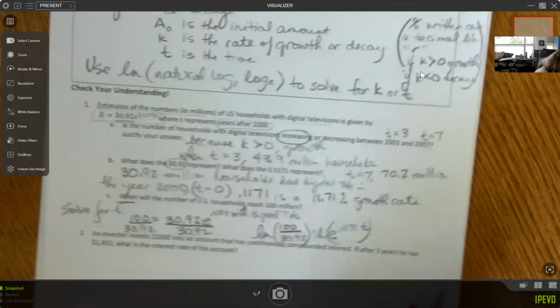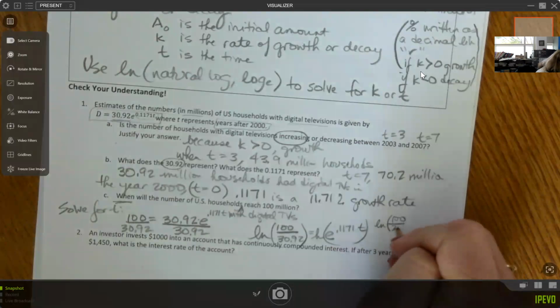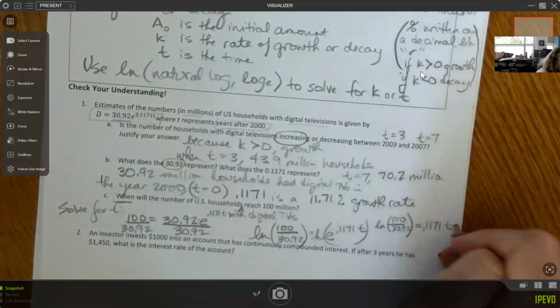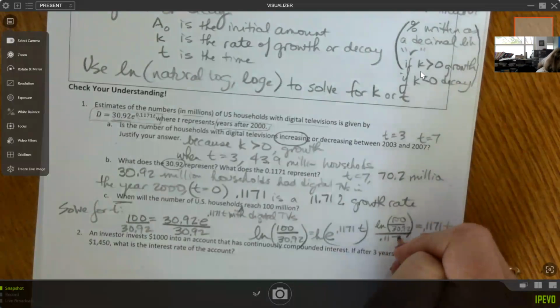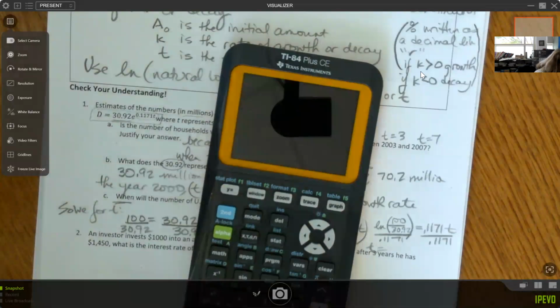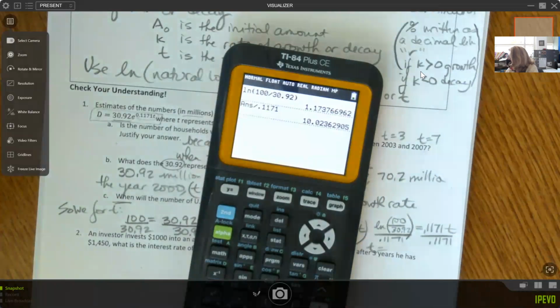So now I've got the natural log of 100 divided by 30.92 equals 0.1171 times t. So I just need to divide both sides by 0.1171. So my time comes out to be, let's do this. Okay. So I take the natural log of 100 divided by 30.92. Then I divide that by 0.1171. And luckily, I get a very reasonable answer, 10.